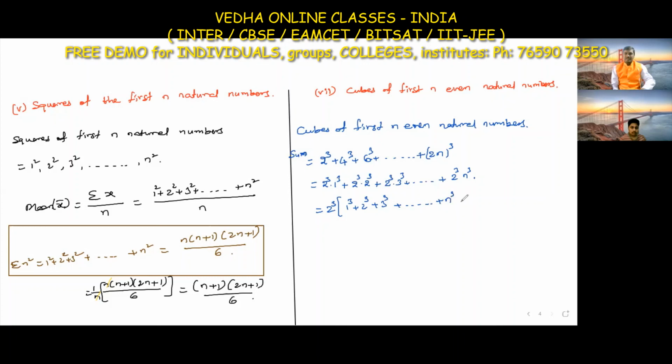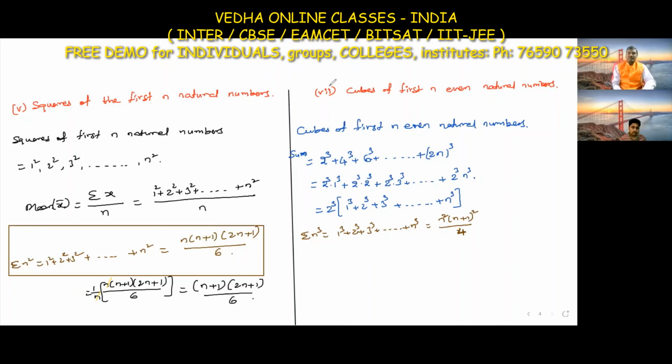So we have the formula for the sum of cubes of the natural numbers: sigma n cube is equal to 1 cube plus 2 cube plus 3 cube and so on plus n cube, which is n into n plus 1 divided by 2 whole square, that is n square into n plus 1 whole square divided by 2 square, that is 4. This is the formula.